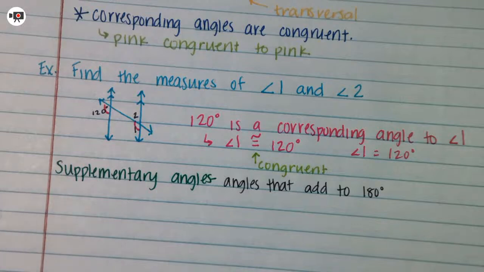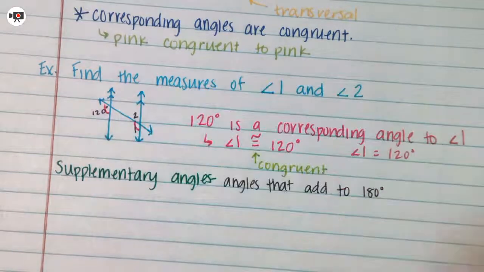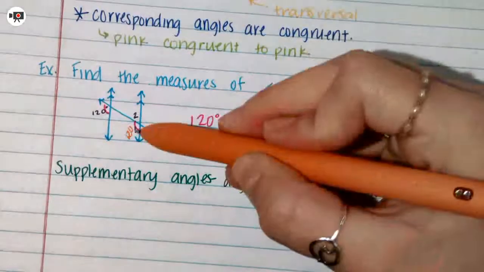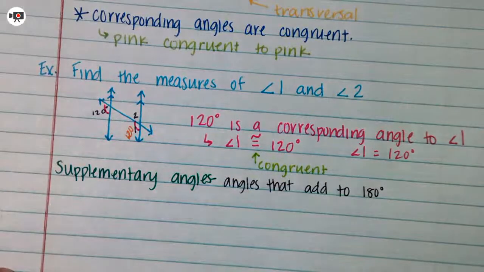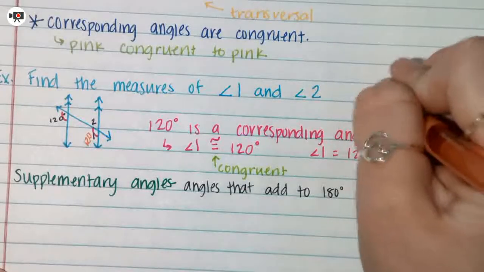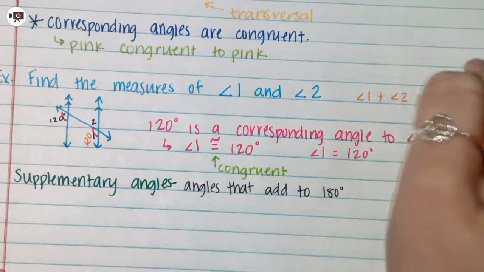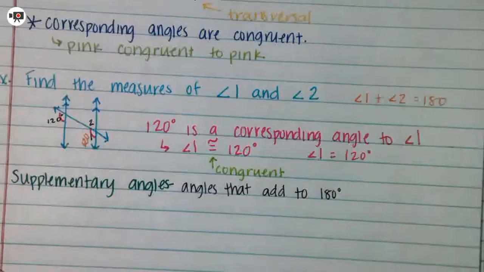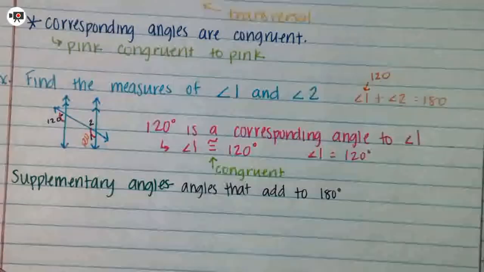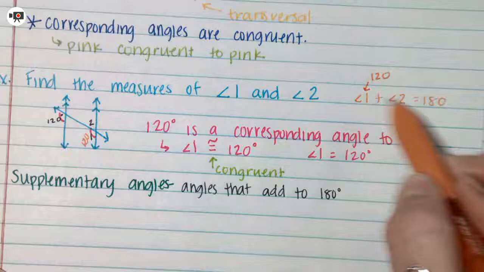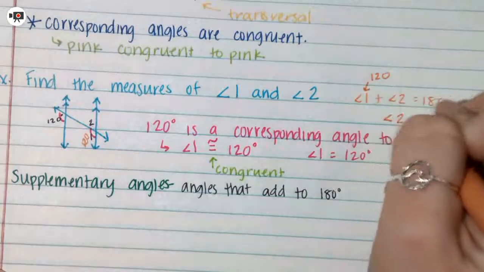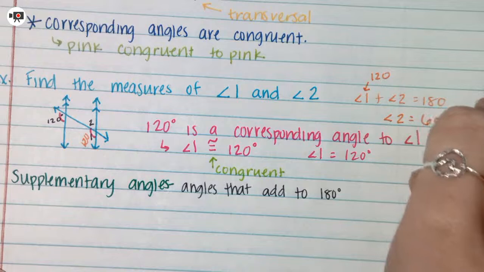So we know that if angle 1 is 120, angle 1 plus angle 2 must equal 180. So angle 1 plus angle 2 is 180. Angle 1 is 120. So 120 plus something is 180. So angle 2 is 60 degrees.